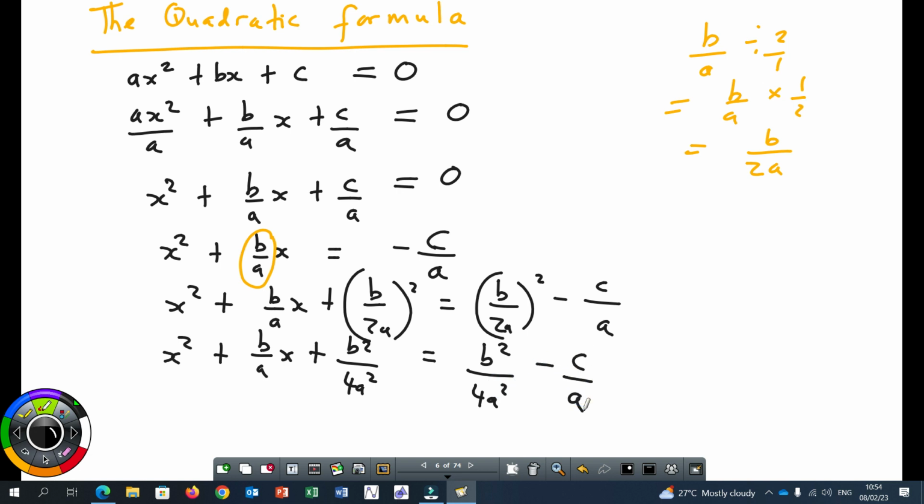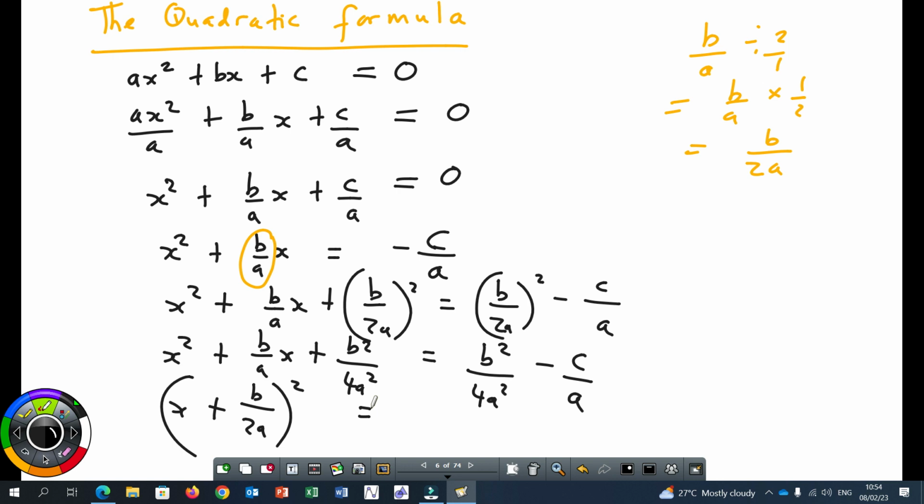Okay? Then, let me factorize this. If I factorize it, I'll get x plus b over 2a all squared. This will be equal to, now I can find the LCD here. What's the LCD on the right hand side?